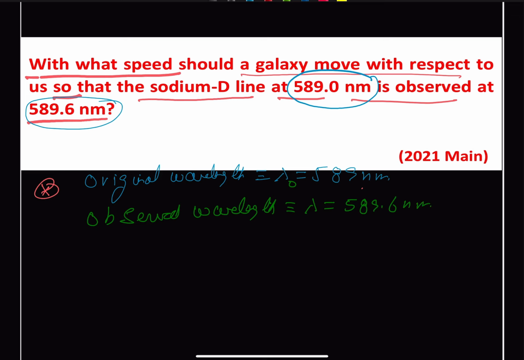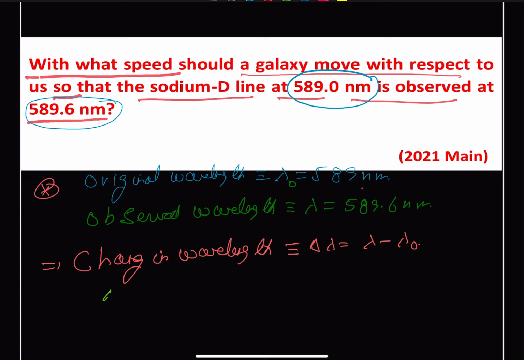So from here we can find out the change in wavelength. That is delta lambda will be equal to lambda minus lambda naught. So we get delta lambda is equal to 589.6 minus 589, giving us 0.6 nanometers.